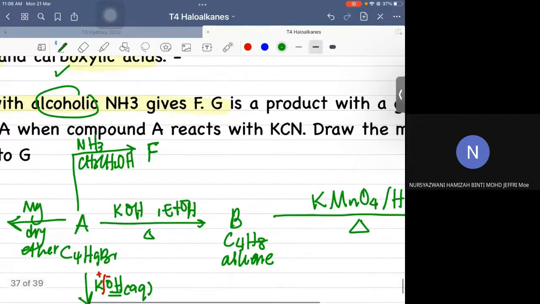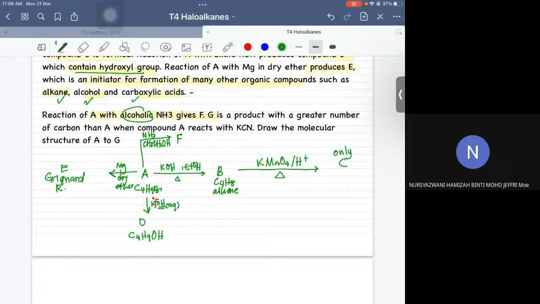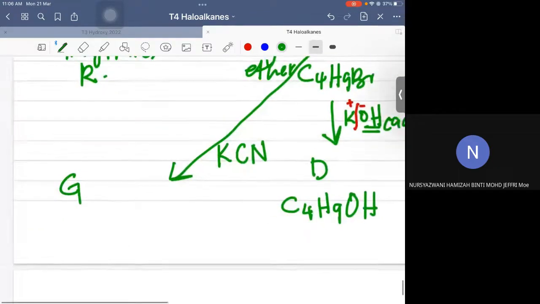G is the product with a greater number of carbon when A react with compound KCN. So A react dengan KCN dapat G. So dia kata G is product with greater number of carbon. Okay, mana dapat greater number of carbon tu? Tengok sini.